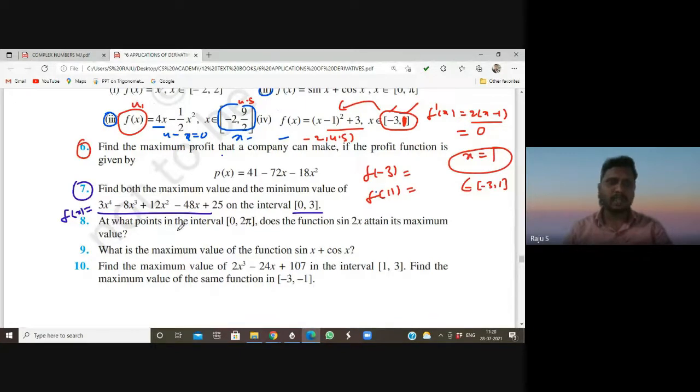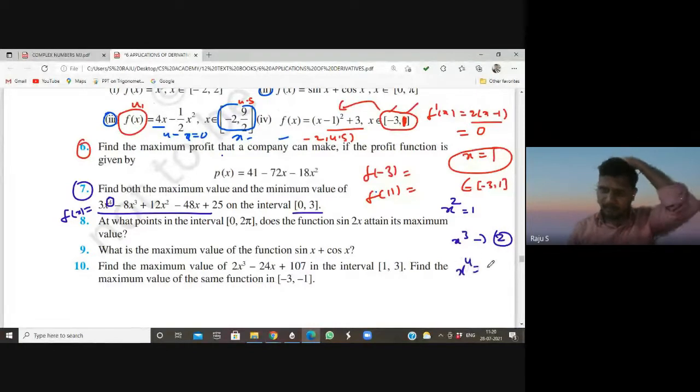When we equate to 0, we'll get the critical points. Remember, power 2 means we'll get 1 critical point, power 3 means 2 critical points, and power 4 means we are going to get 3 critical points.